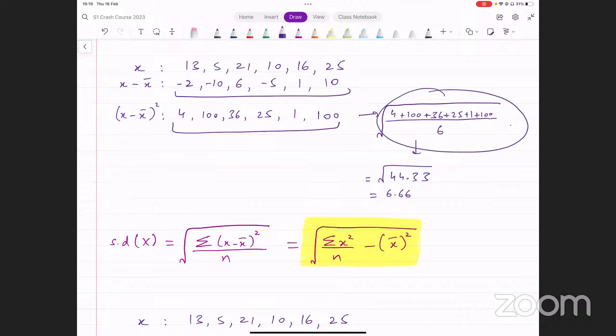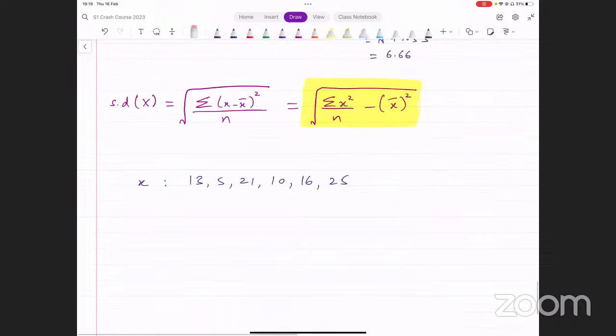If you were to use the second formula, what does this look like? It has sigma x square. You don't need to calculate differences in this case. All you have to do is find the squares directly. So 13 square is 169.